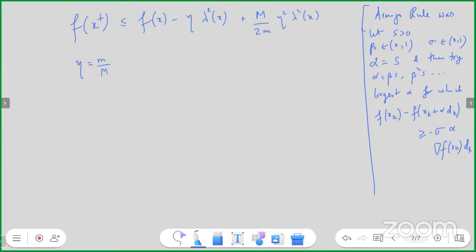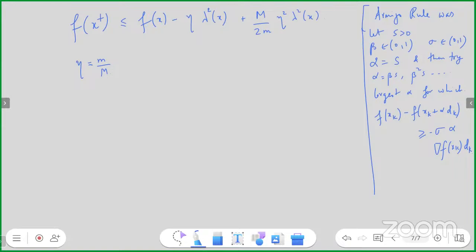Why? Eta is also less than 1. Eta is less than 1, yes. That is not sufficient.